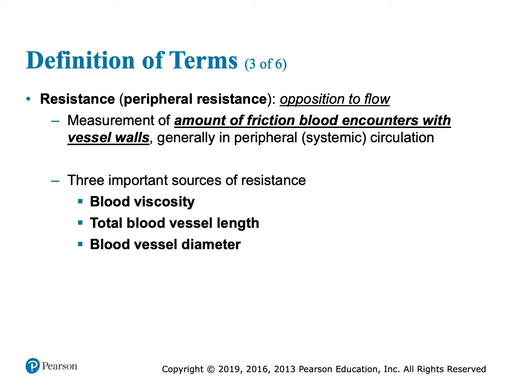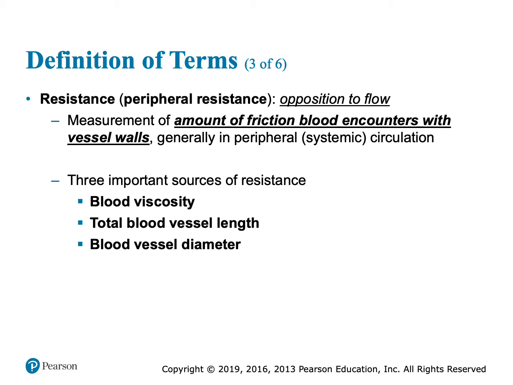Okay, here's another term, resistance. So we have things, well, hopefully you don't have a lot of things that are bad, but we have things normally in our vessels that are creating opposition to flow. So resistance, sometimes you'll hear it called peripheral resistance, that's opposition to flow.